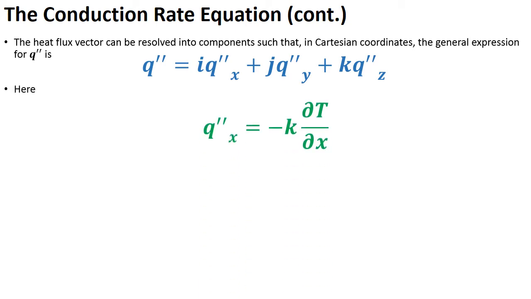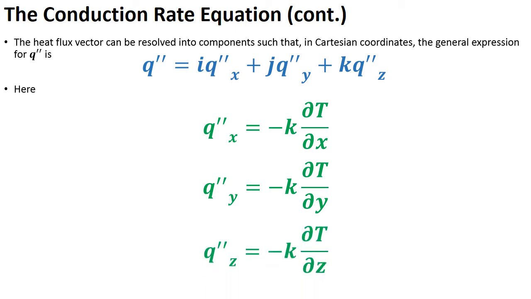Here qx double dash is equal to minus k partial T over partial x, or the heat flux in the x direction due to the temperature gradient in the x direction. qy double dash is the heat flux in the y direction due to the temperature gradient in the y direction. And qz double dash is the heat flux in the z direction due to the temperature gradient in the z direction.